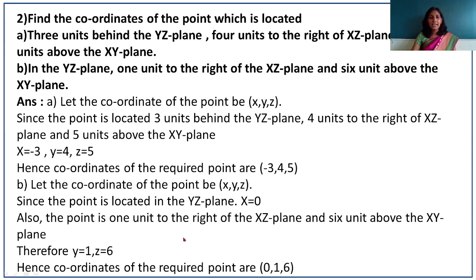Right of the XZ plane, so it is positive, that is y is equal to 1, and above the XY plane, so it is also positive, so z is 6. Hence the coordinates of the required point are (0, 1, 6).